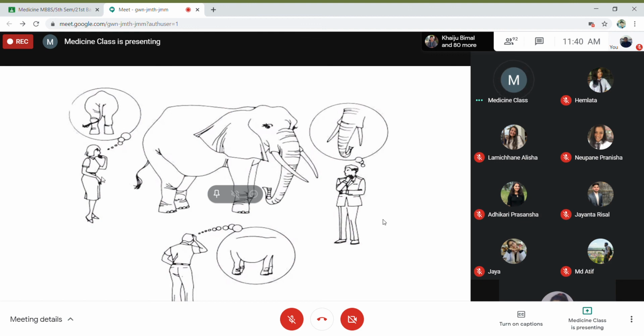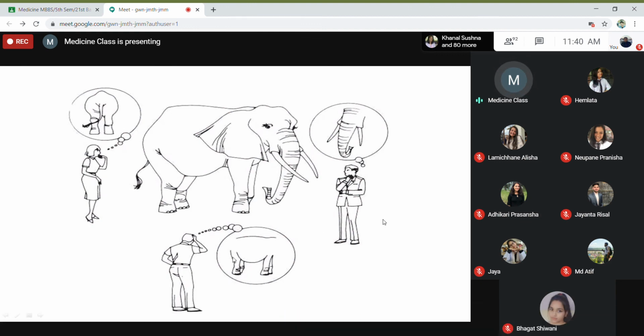If you know the story about blind people describing an elephant, someone feels the tail and says that the elephant is like a rope.